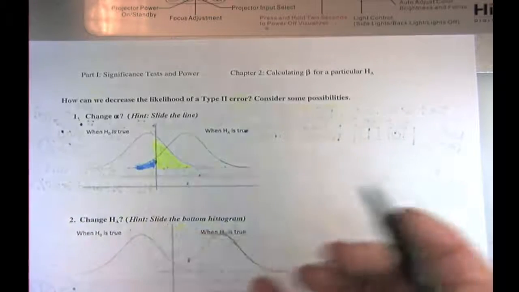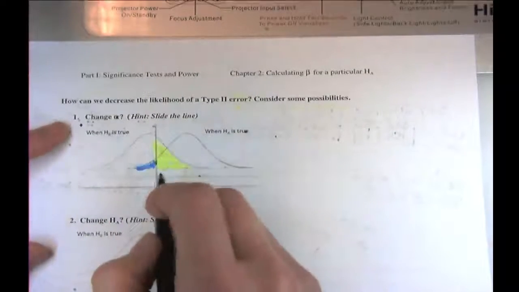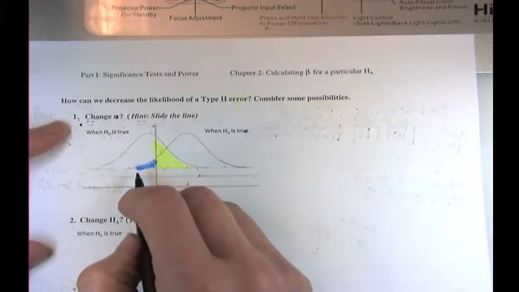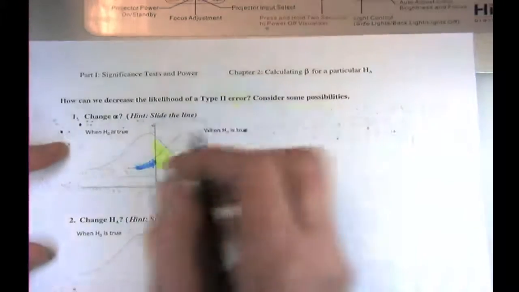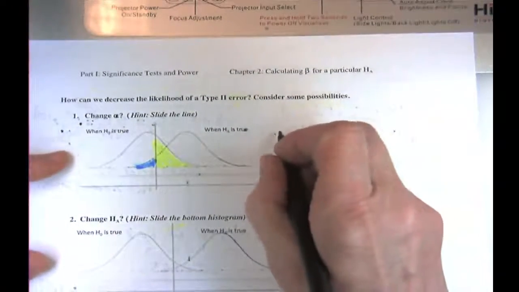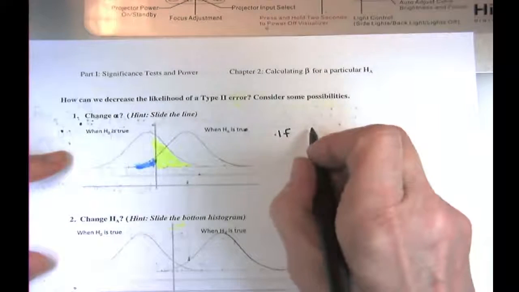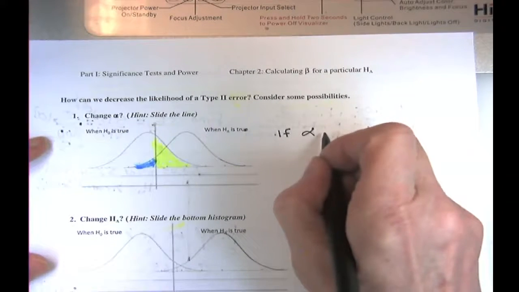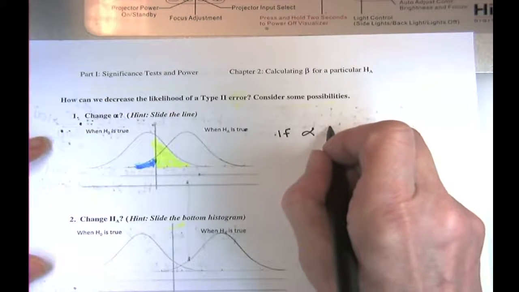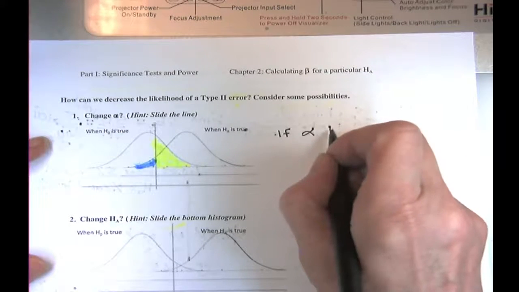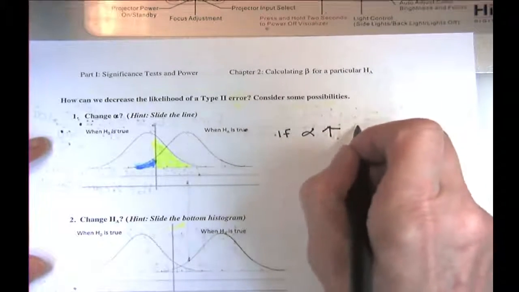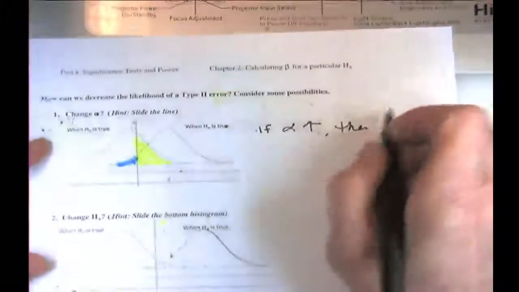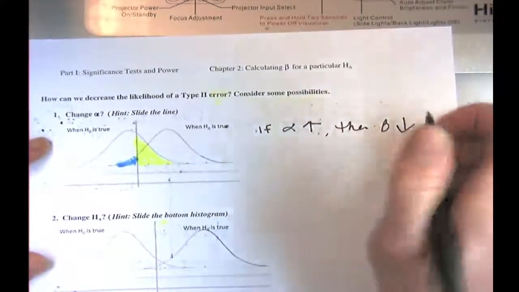So that's the problem if we change our significance level alpha. There's a trade-off: if alpha goes up, then beta goes down, and vice versa.